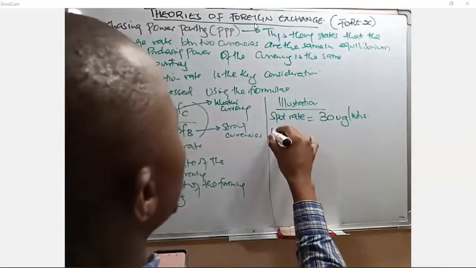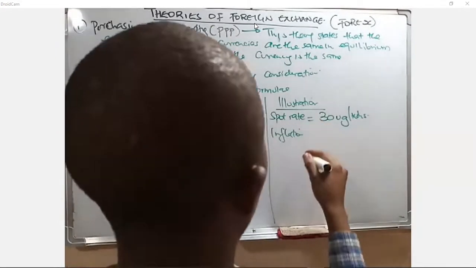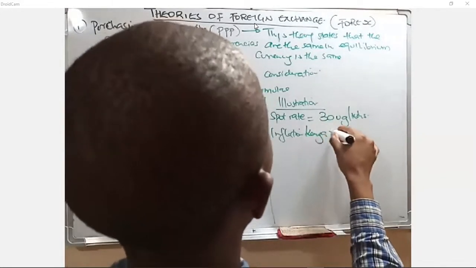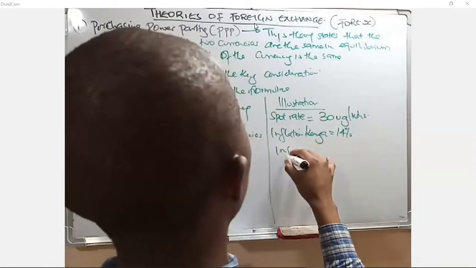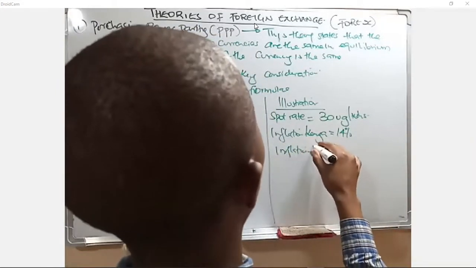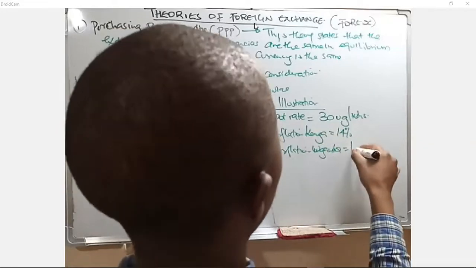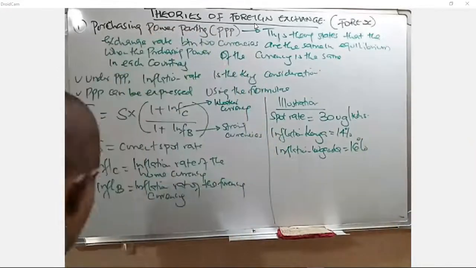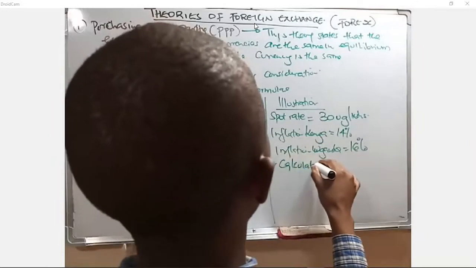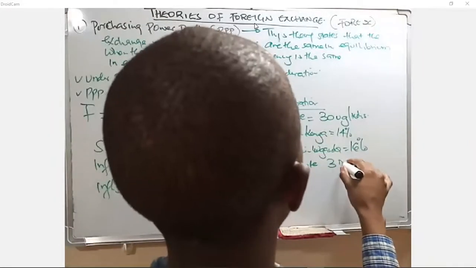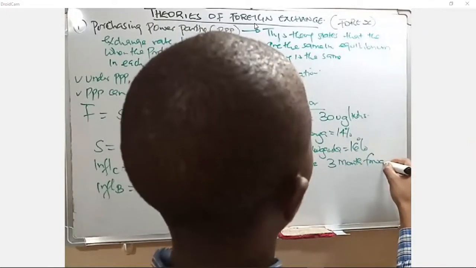And in this case, the examiner gives you inflation of Kenya, let's say 14%, but also he has given you inflation in Uganda, which is 16%. And then the examiner asks you to calculate a 3-month forward exchange rate.